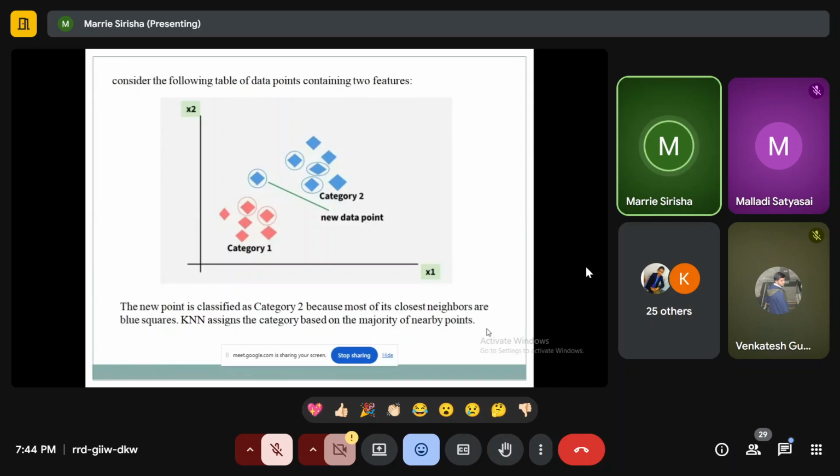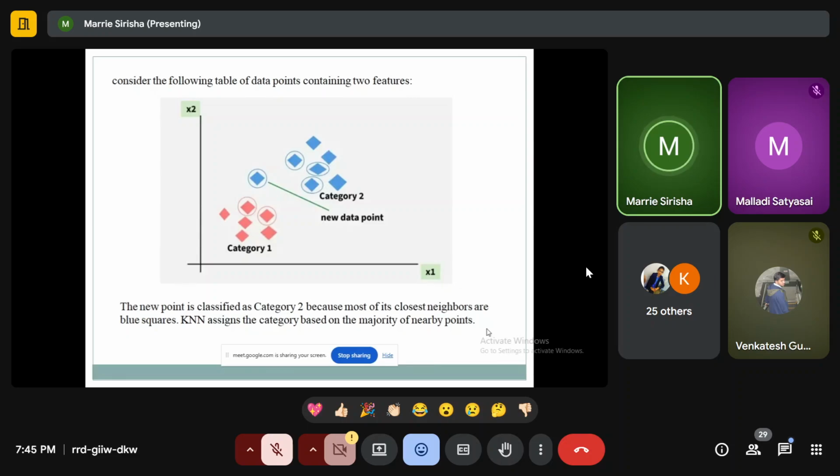Please try to understand what I'm saying. Here we have 2 categories: one is red squares and the second is blue squares. I am now entering a data point, and we have to find out which category it belongs to. For finding that we need the k nearest neighbors algorithm, right?